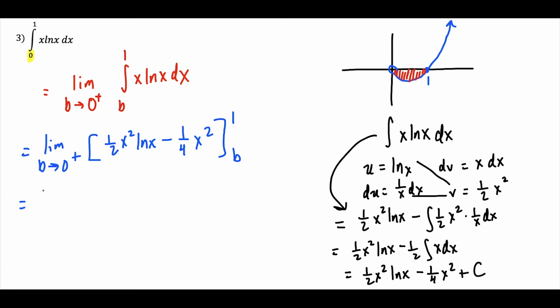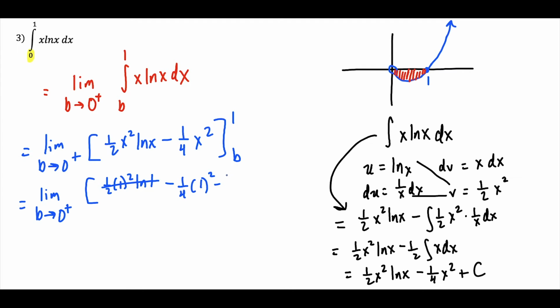So now we make the substitution. We have the limit as b approaches 0 from the right side. And when we plug in the upper limit 1, we're going to have 1/2 times 1 squared, natural log of 1, which is 0, so this term cancels out, and then minus 1/4 times 1 squared.